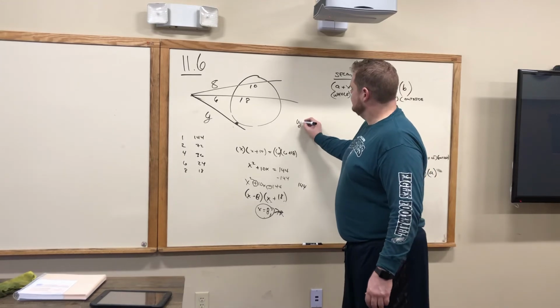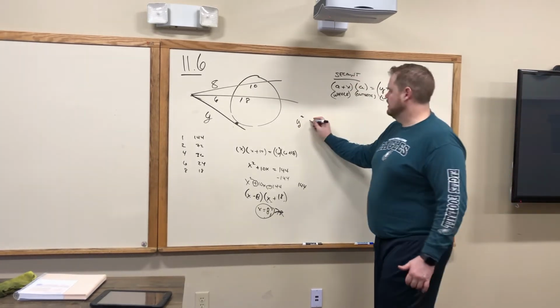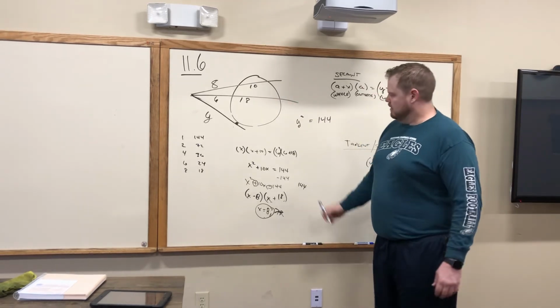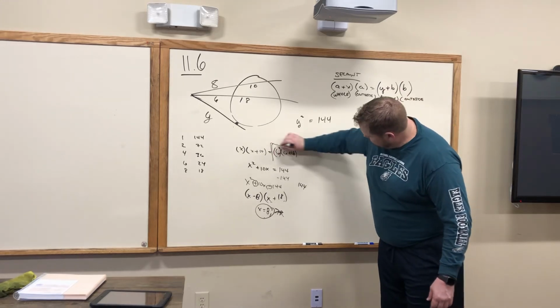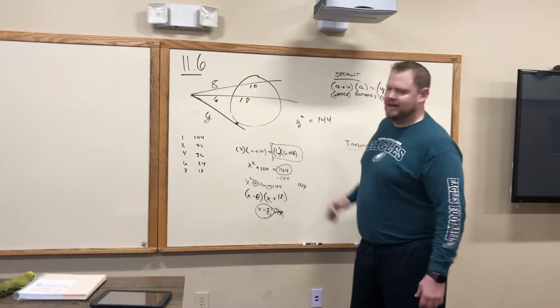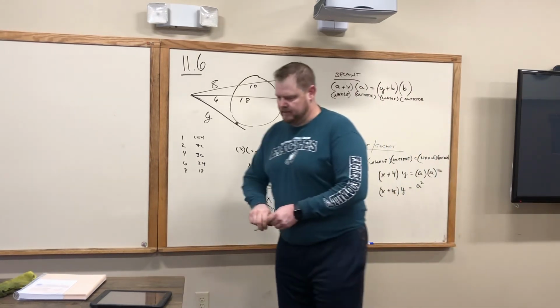So y squared, y because it's the outside times the whole, equals 144. Well, how do I know that? Well, see all this work here? This side was 144, right? 6 and 18, right? So therefore y equals 12, and there's my final answer.